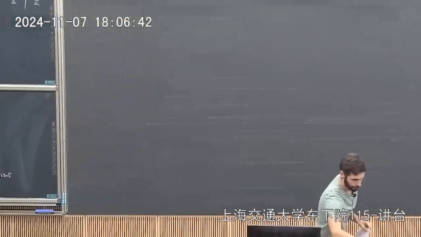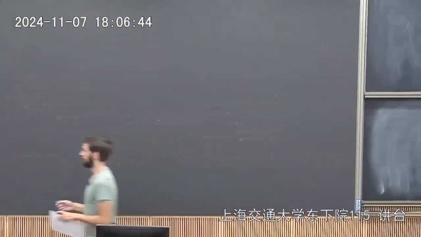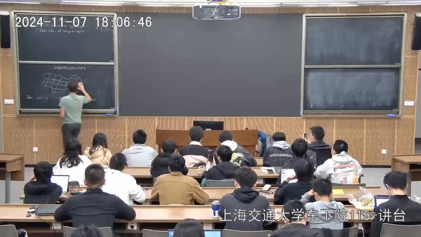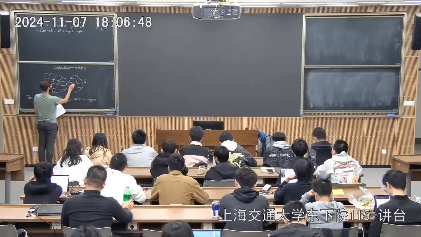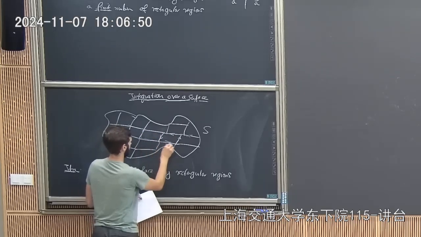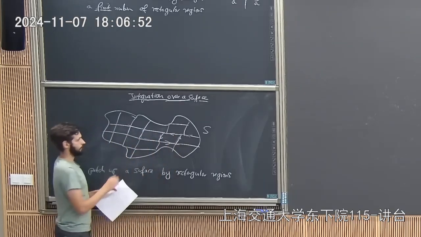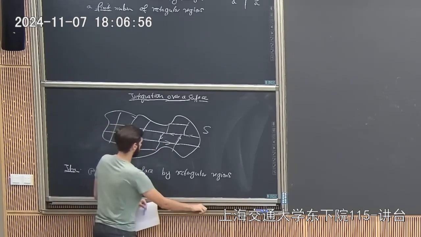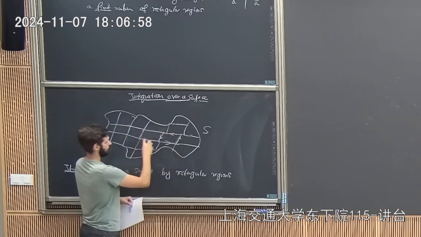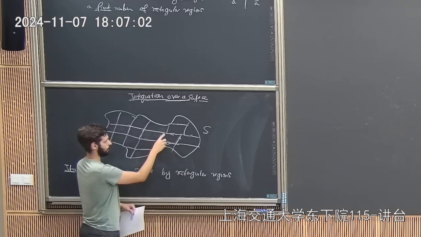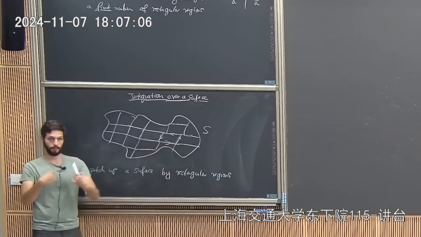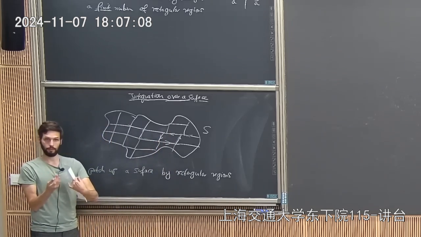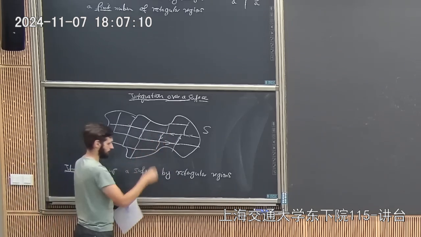For example, assume I want to calculate the integral over this blue rectangle. I can dissect these two things, but I want the boundary terms of the one in the middle to be exactly opposite to each other. Otherwise, I count that twice.